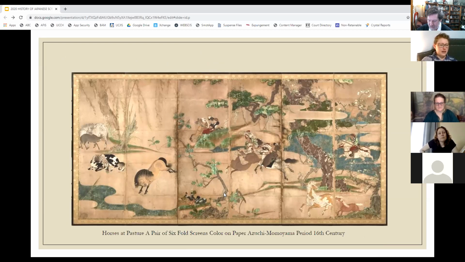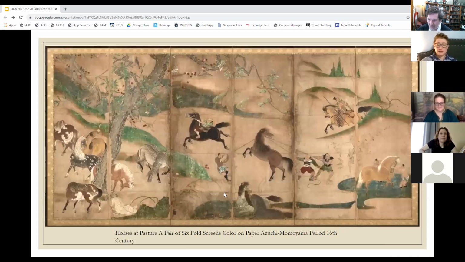This is horses at pasture. Sorry, let me get back to my place here. They still have that beautiful color, but they seem to leave more open spaces rather than getting, and this is, it's hard because a lot of times it's one or the other. They'll use gold that'll blind your eyes, or they'll be very simple. It ranges, just like with any art from periods.